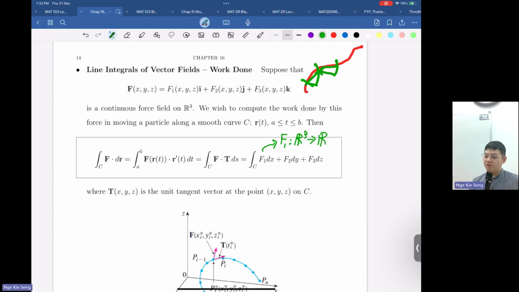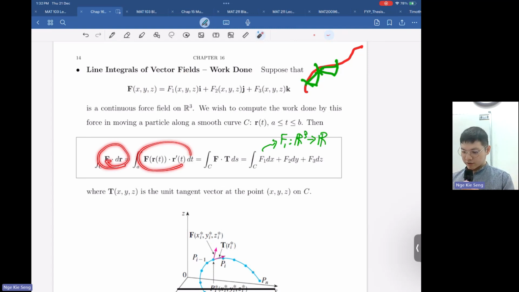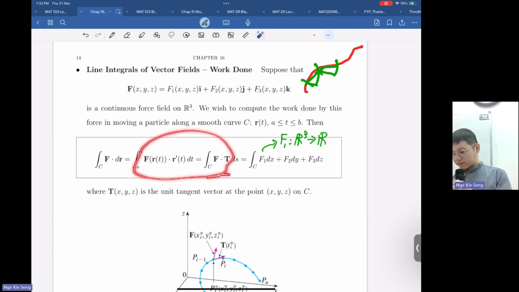But how do you derive this? You need to do the dot product computation to see this. This derivation is not too important.